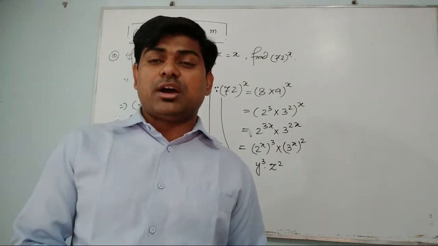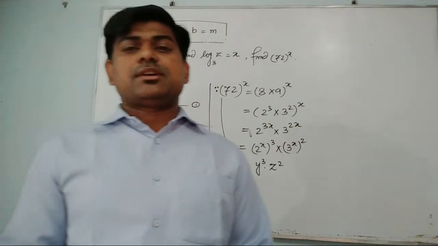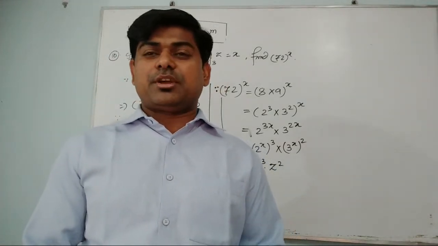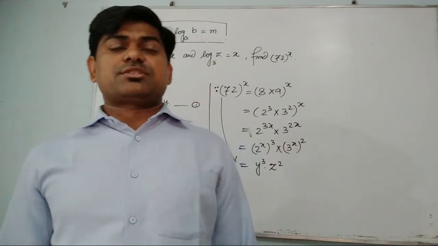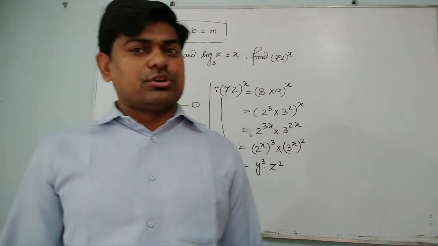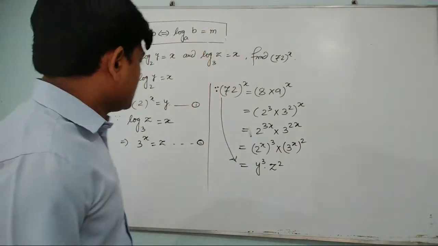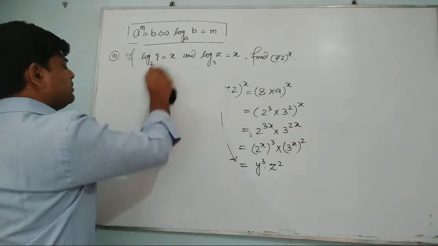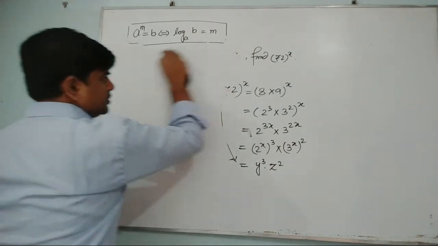After that I assumed it as x and solved, and we got the value of x as 4. Now I'm going to tell you some formulas, and these formulas will be important for you.